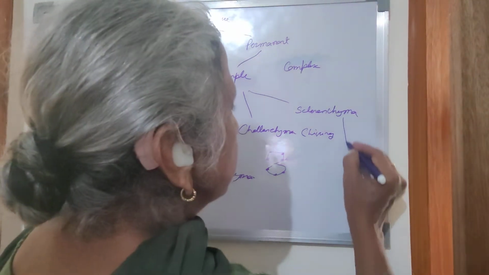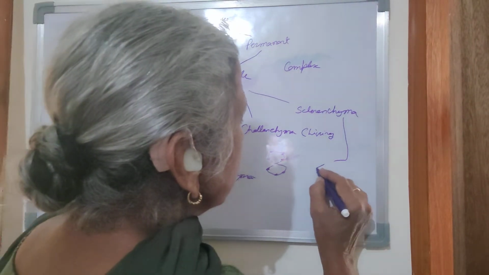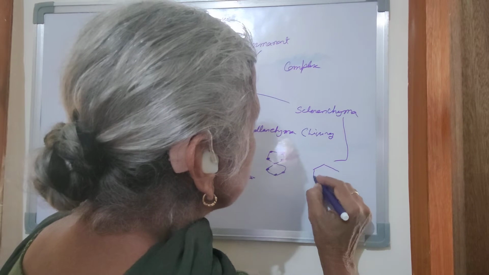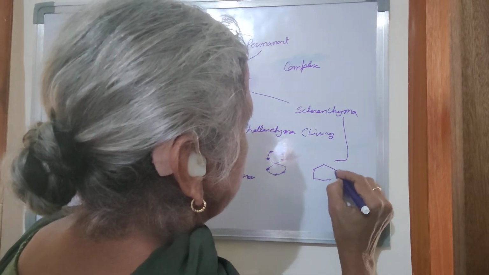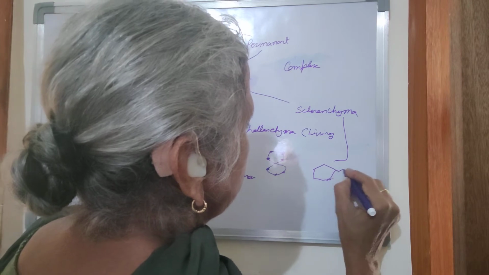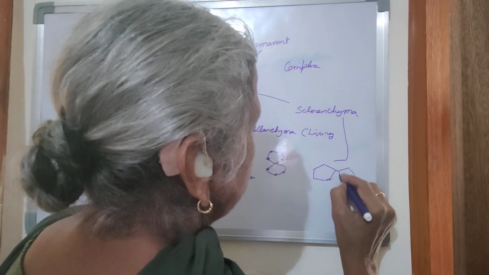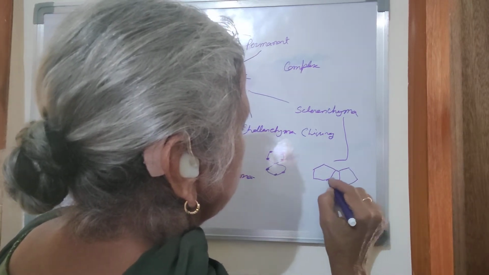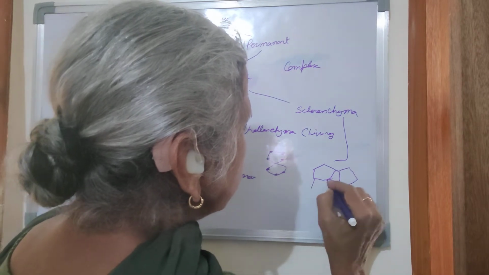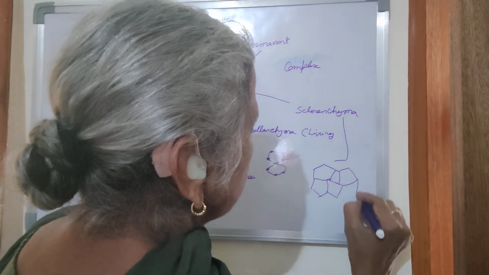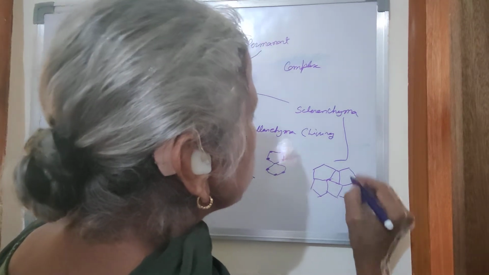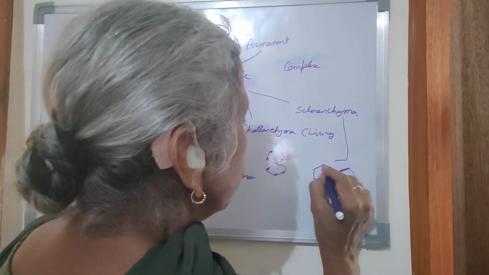Sclerenchyma cells are highly thickened due to the presence of lignin. They lack intercellular space. No intercellular space is present. Their walls are thickened.